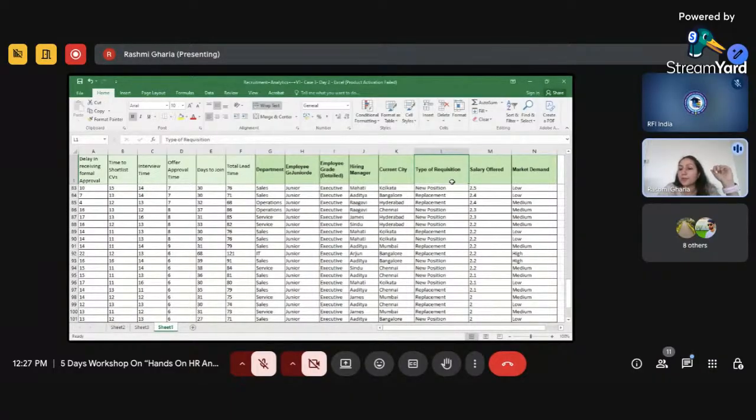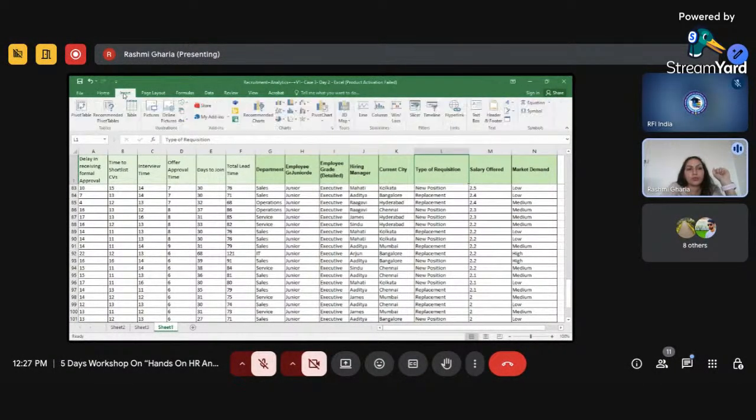Because of this the lead time may increase. There may be a possibility because of the market demand of the job, right? If the demand is high, lead time may vary. If the demand is very low, the lead time may vary, right? So many other factors can affect your lead time.